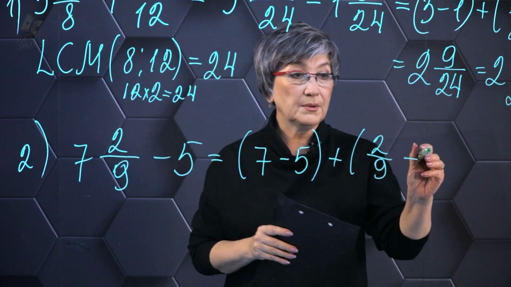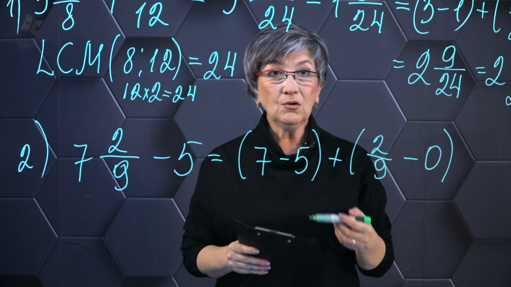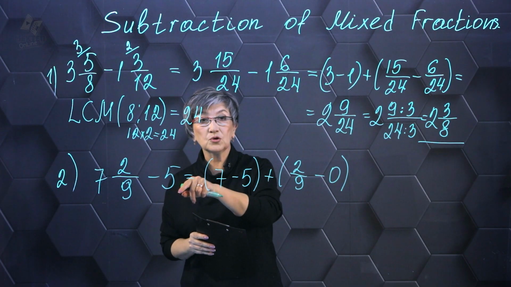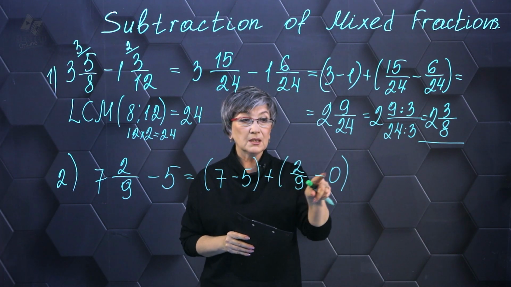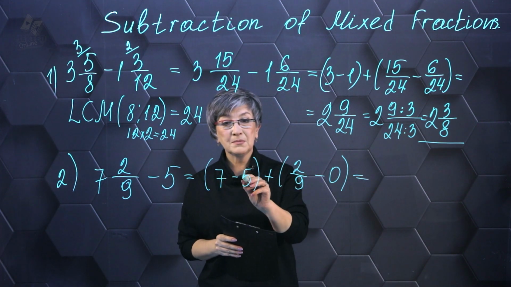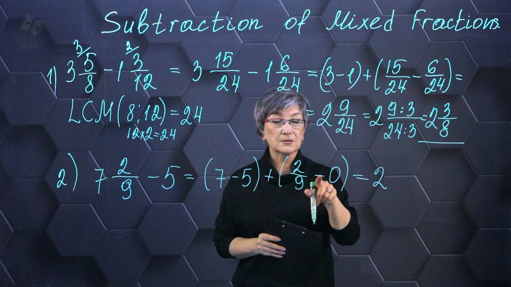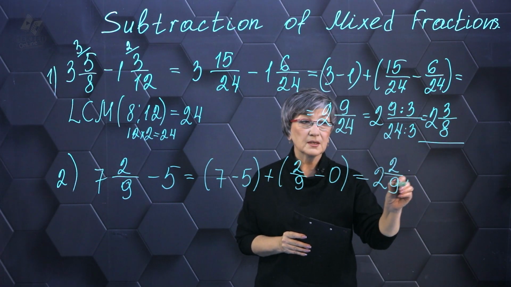So I write a 0. When you don't have the fractional part in the number we are subtracting, then we write 0. So you get 7 minus 5, that would be 2. And 2/9 minus 0, that's 2/9.